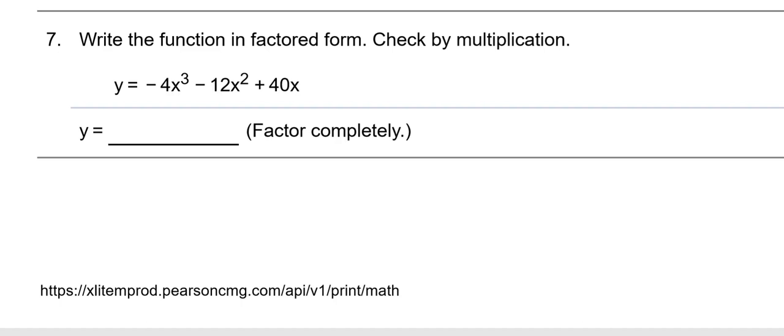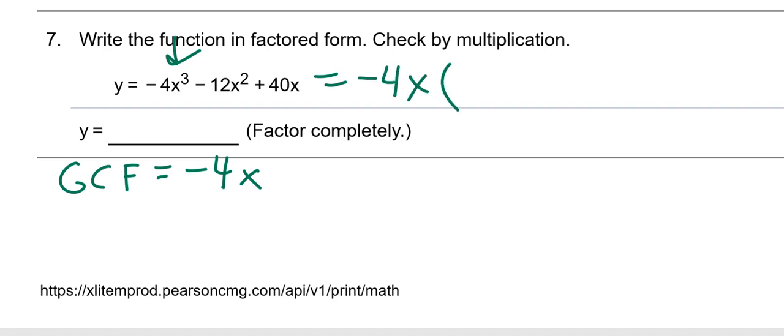Okay, so is there a GCF on this question? What is it? Negative 4x, thank you very much. I would take the negative. I know that the negative is not the most obvious thing in the whole wide world, but I like to turn this first term into a positive term. So by removing that negative with it, it makes my life easier.